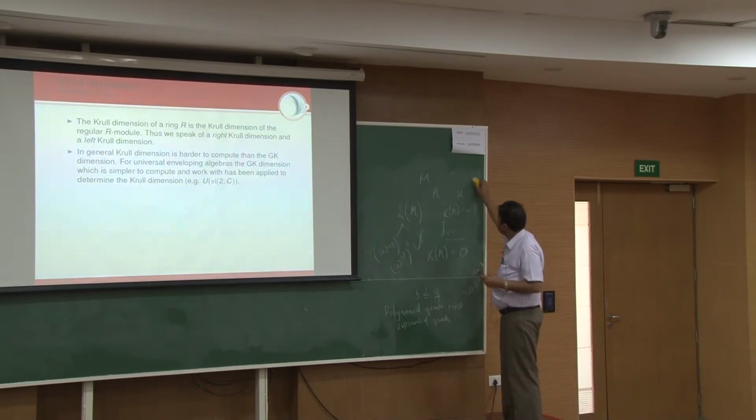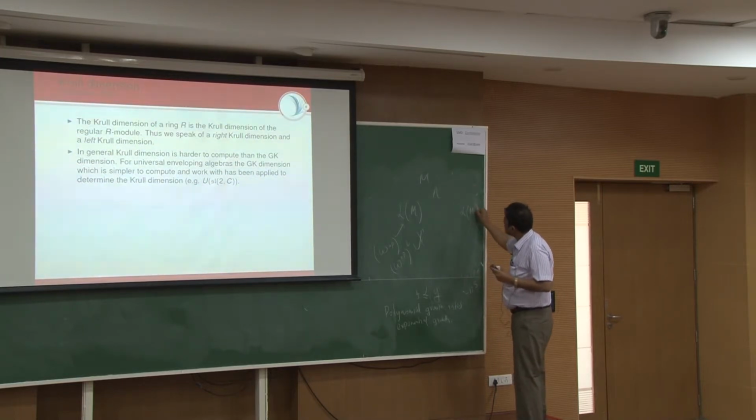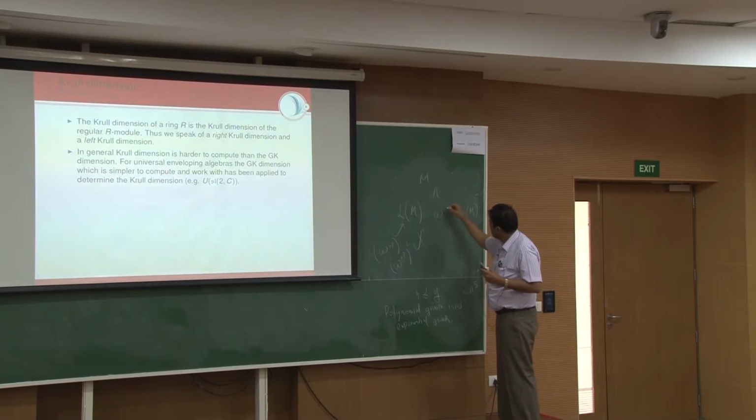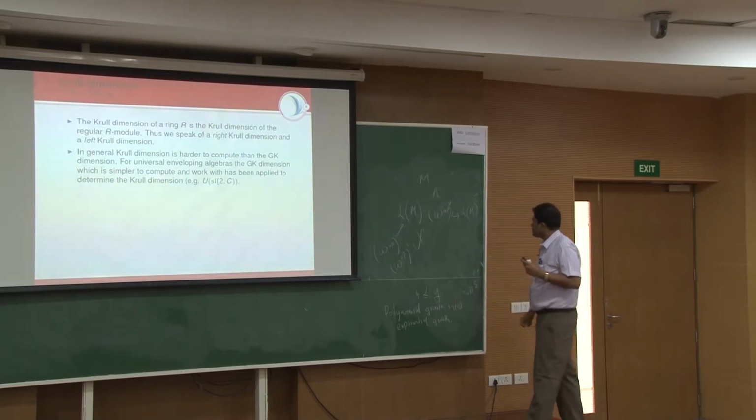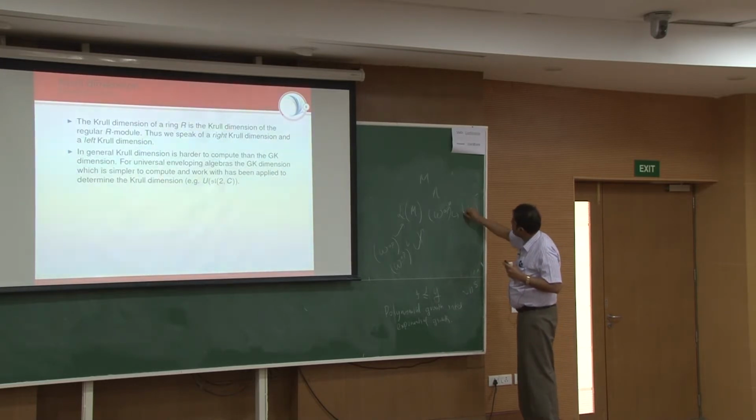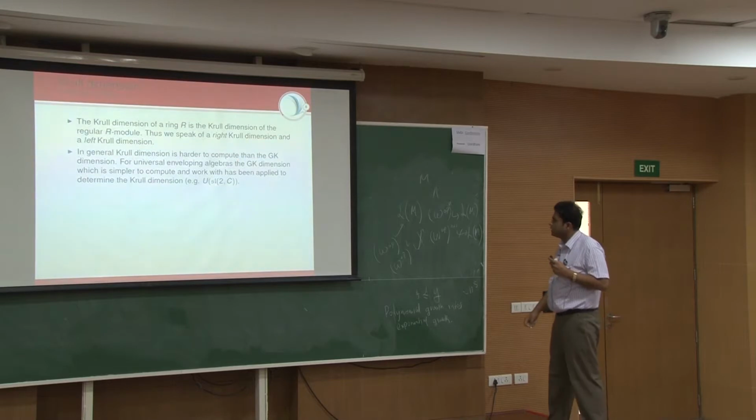So in general, we consider Lm and we see if omega n opposite embeds in the lattice of submodules of M, and omega opposite n plus 1 does not embed, then we define the Krull dimension of M to be n.